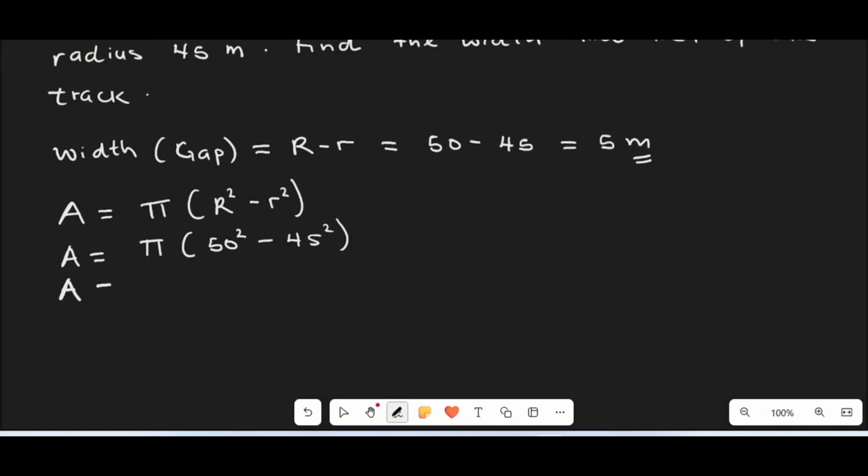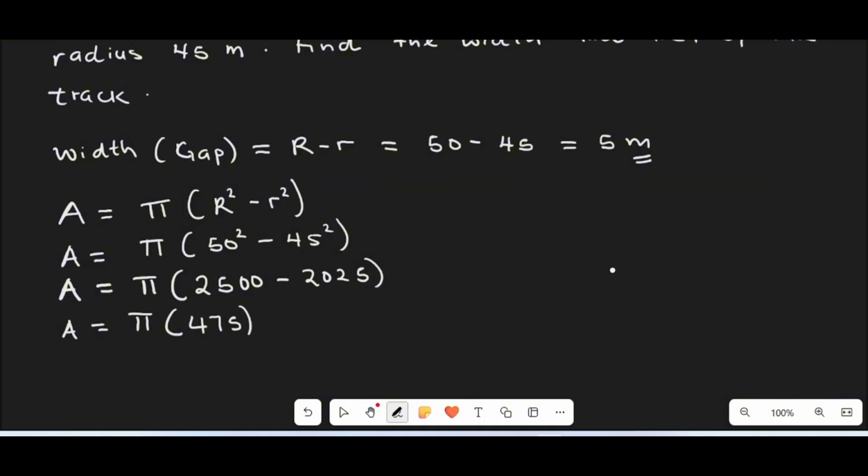A equal to pi bracket, 50 squared will give us 2500, minus 45 squared will give us 2025. A equal to pi bracket 2500 minus 2025 is 475.